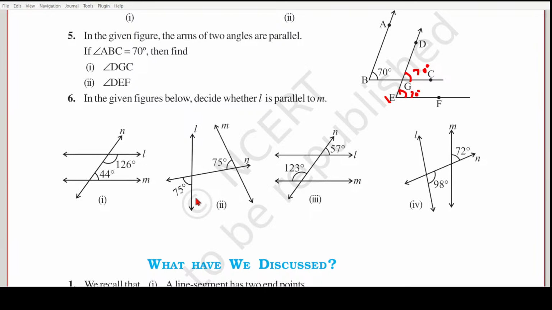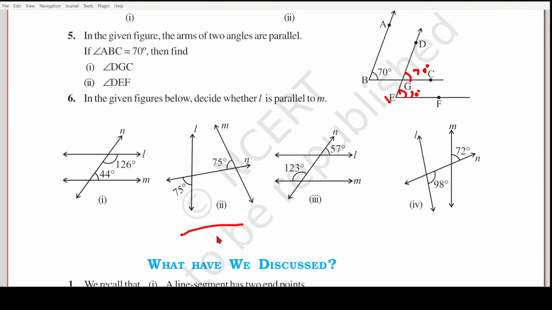Okay? What about this one? What angle makes this parallel? Wait, no, they are parallel. Which are parallel? These are parallel. How? Because it's 75 and 75.